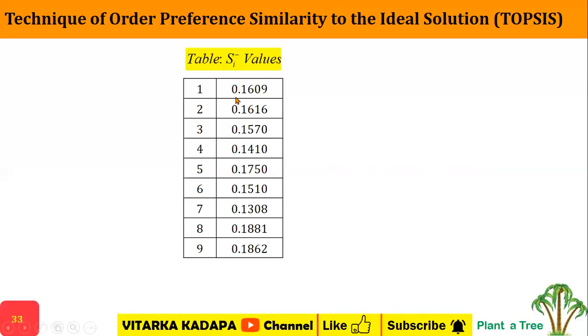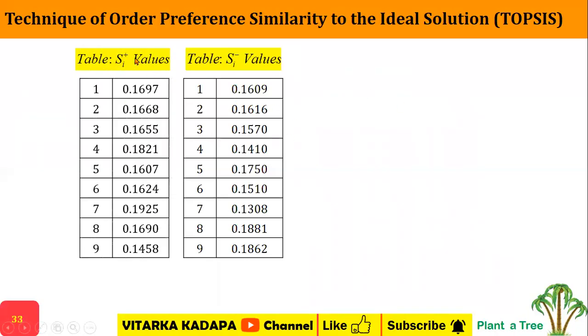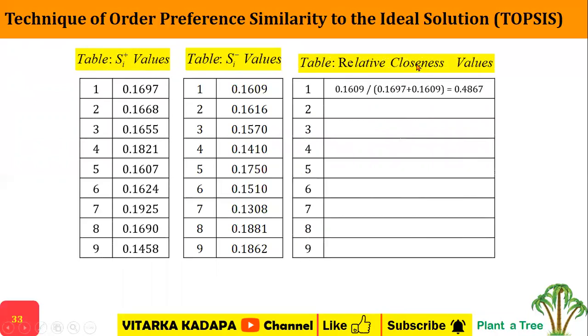Next we will get Si plus. Already we have got S plus. Now after calculating Si minus and Si plus, we have to get the relative closeness coefficient value, that is Pi. Pi is equal to Si minus divided by Si plus plus Si minus. This one. We will get Pi, that is the relative closeness value. So the relative closeness value is nothing but Si minus divided by Si plus plus Si minus.